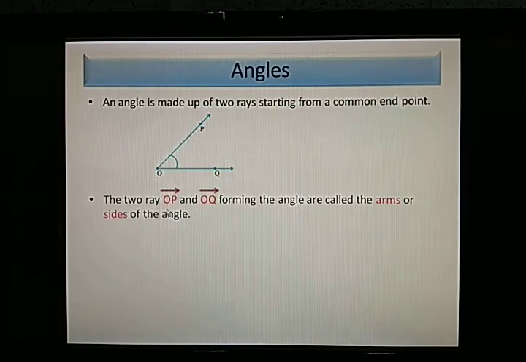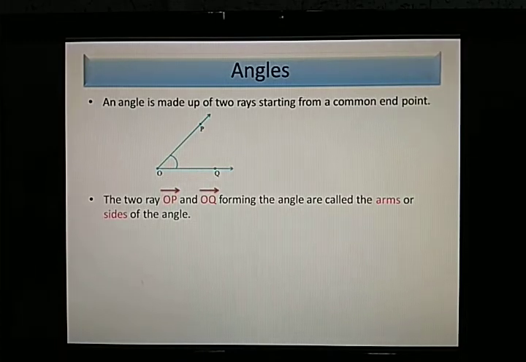So the two rays OP and OQ forming the angle are called the arms or the sides of the angle. Just like we have two arms in our human body, similarly, for forming an angle, we need at least two arms, and they are also called the sides of the angle.